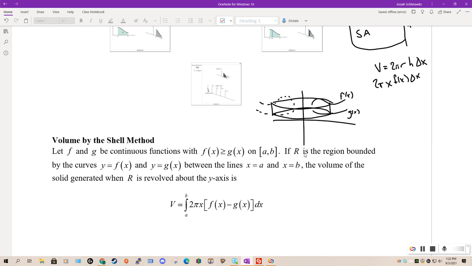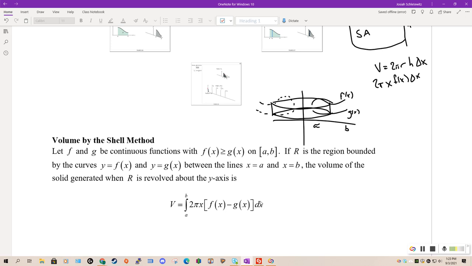So we're going to have, again, from a to b, 2 pi times the radius, which is just x, times the height, top function minus bottom function, times our delta x, which turns into dx.